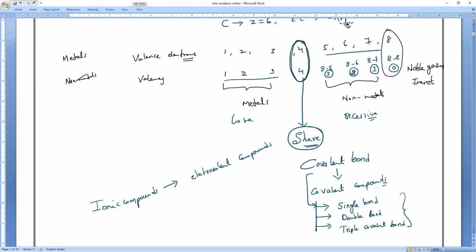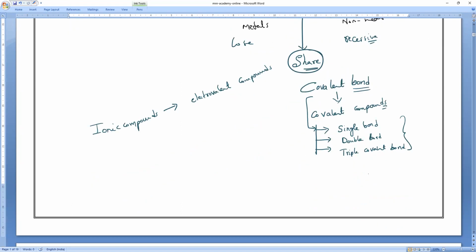And I have given you an example for the formation of a single bond, an example for the formation of a double bond, and an example for the formation of a triple bond also. So if you have the concepts of this, this chapter will be very, very easy. And once again I'm saying, suppose I take magnesium, many people in the exam don't know how to represent the formation of magnesium chloride.